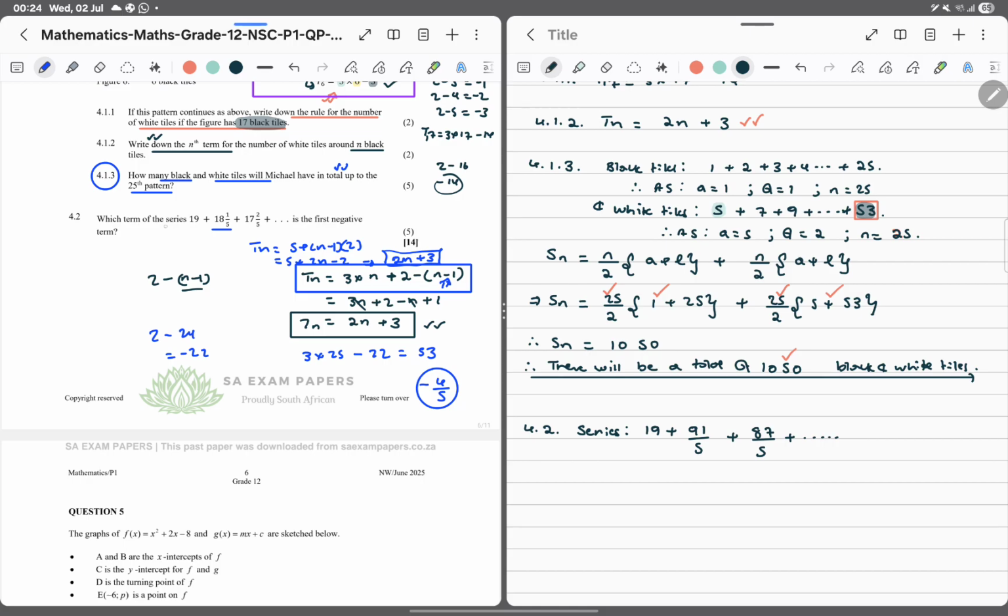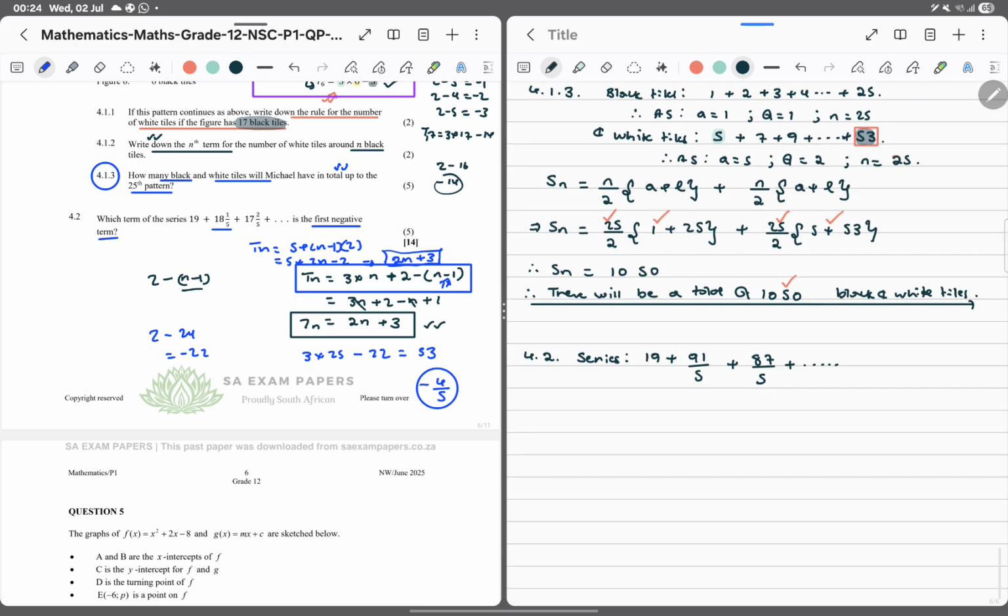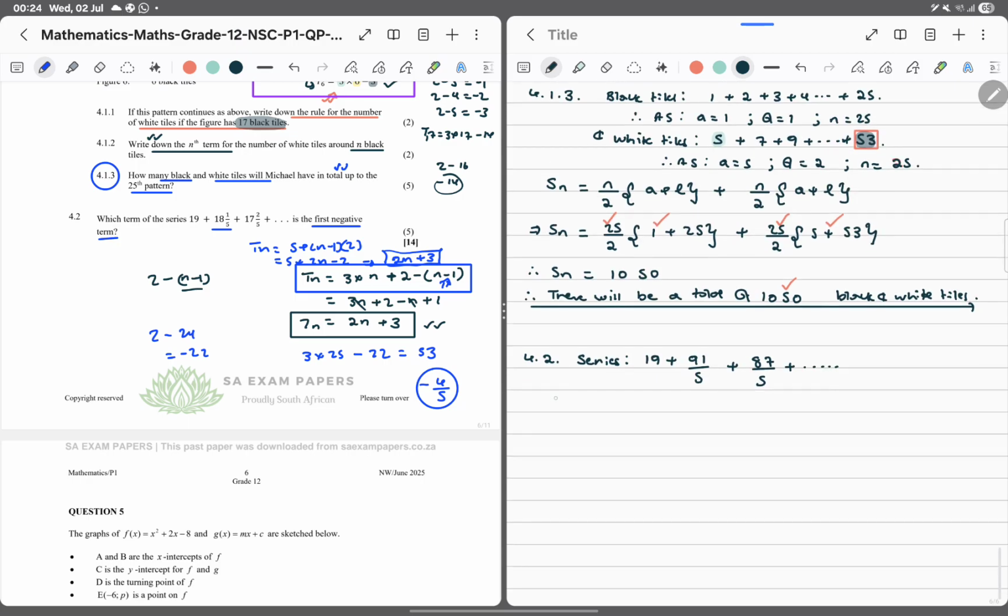Now it says, which term of the series is the first negative term? Okay, easy. So, well, we need the nth term that is going to be negative. So here we can say Tn must be less than 0. Right, this is the rule. So what is Tn?